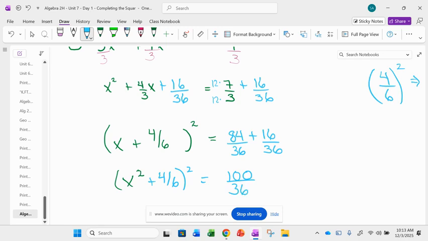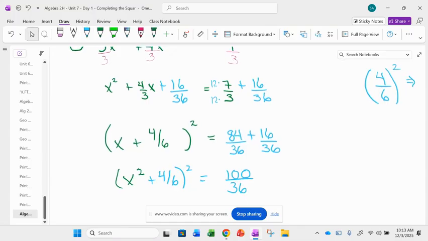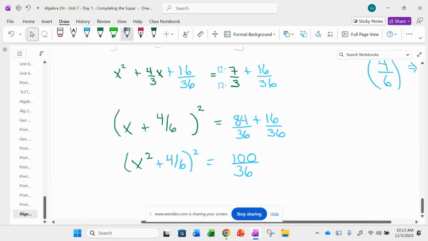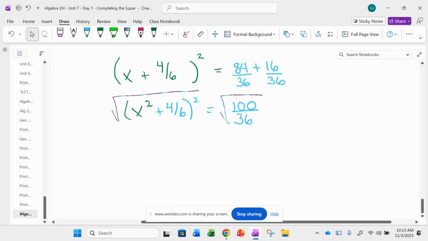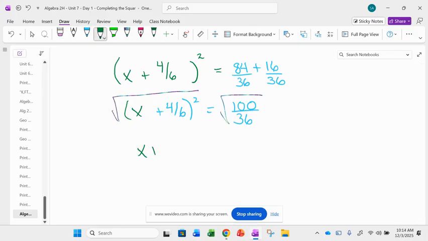So essentially, this is why I did it. To undo a square, we take the square root. So now this is going to be x plus 4 over 6 equals plus or minus 10 over 6.